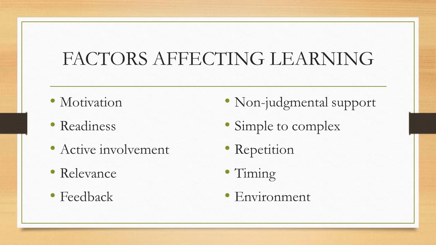Next is relevance. If the knowledge or skills to be learned are personally relevant to the learner, learning takes place more easily. For example, an asthmatic patient who is at the same time a smoker, who just had an exacerbation of his asthmatic attack, will more likely understand the need to stop smoking to minimize asthmatic attacks.